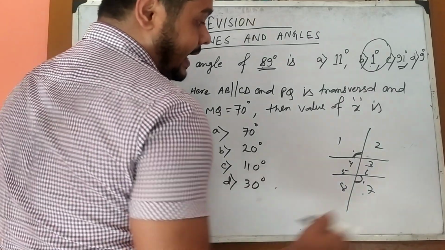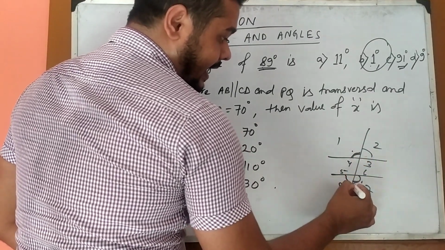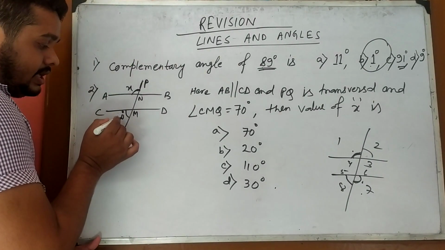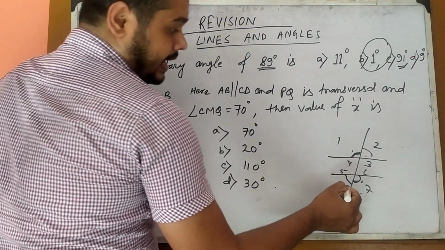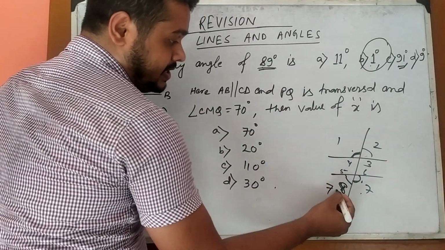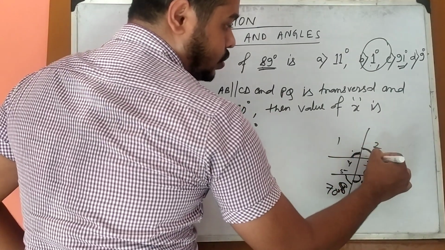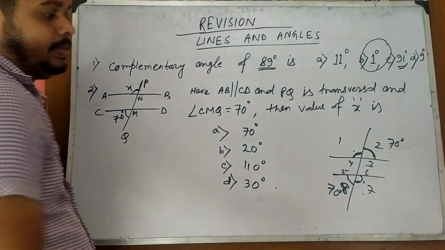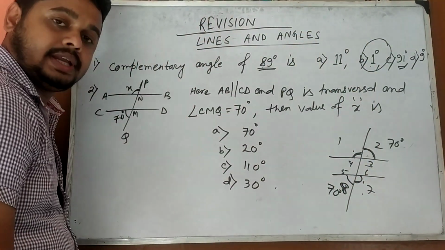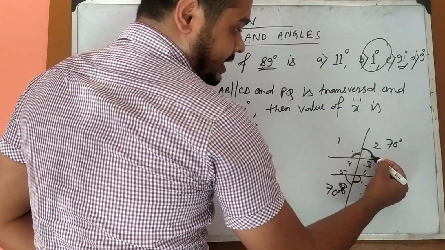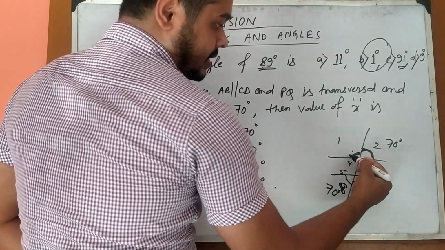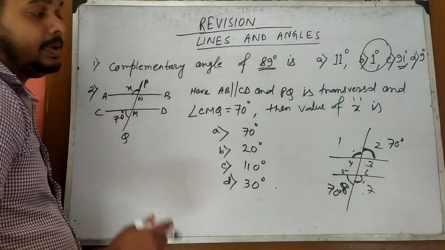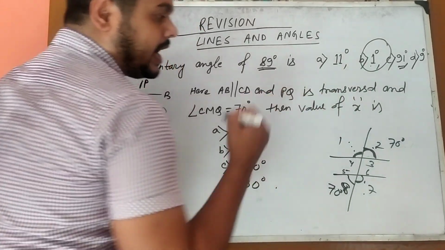Similarly, angle 2 and angle 8 are alternate exterior angles. Now see, angle 8 is given. If this is 70 degree, then angle 2 is obviously 70 degree, because they are alternate exterior angles.